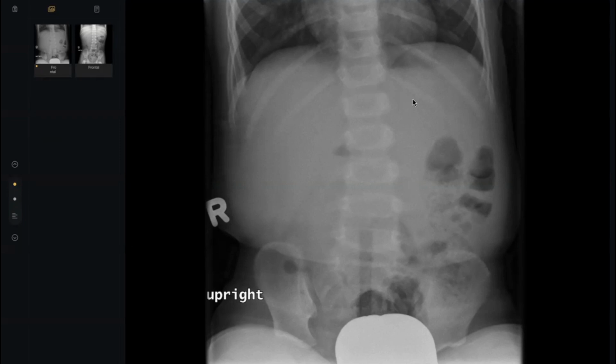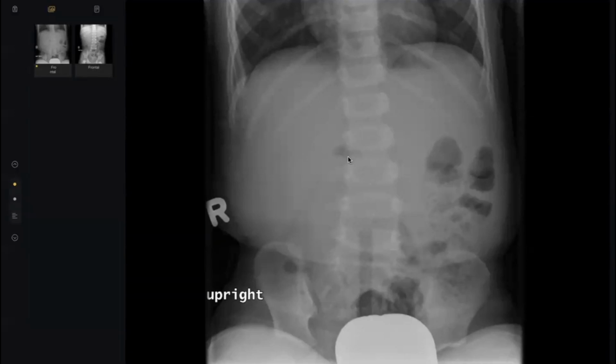It is very difficult in fatty and obese patients. From the X-ray, do you find pneumothorax or pneumoperitoneum? No, sir. So this patient is fit for reduction. The only contraindication is perforation.